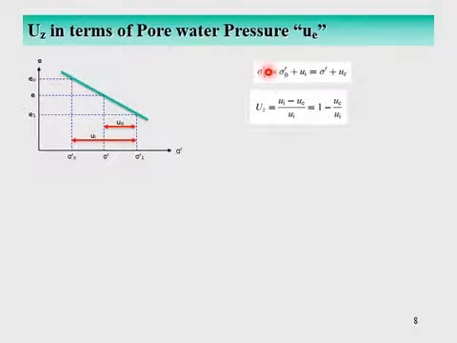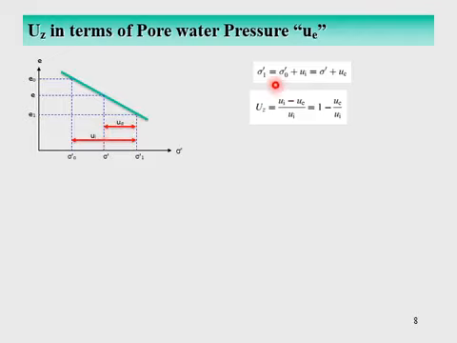This you already know, and this is also evident from this graph. You see sigma naught prime is the initial effective stress, sigma 1 prime is the final effective stress, right? The difference between these two is the initial excess pore water pressure. When effective stress increases from sigma naught prime to sigma 1 prime, then the remaining excess pore water pressure is equal to Ue.